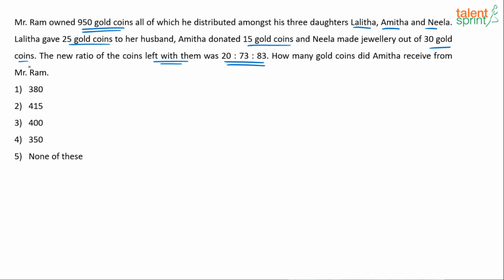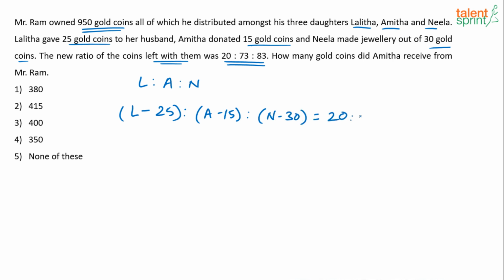Now I'll tell you what usually people try to do. Let's assume the original ratio is L is to A is to N, Lalita is to Amita is to Neela. What some people try to do is L minus 25 is to A minus 15 is to N minus 30 equals 20:73:83. This is the first equation that comes to our mind.